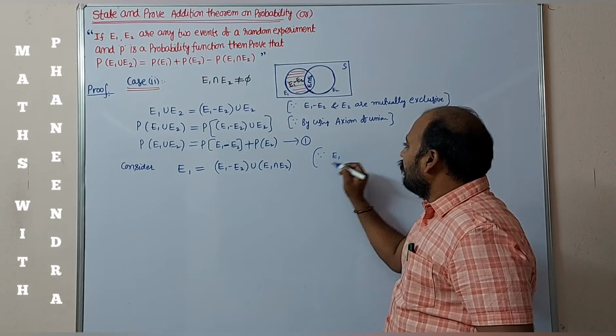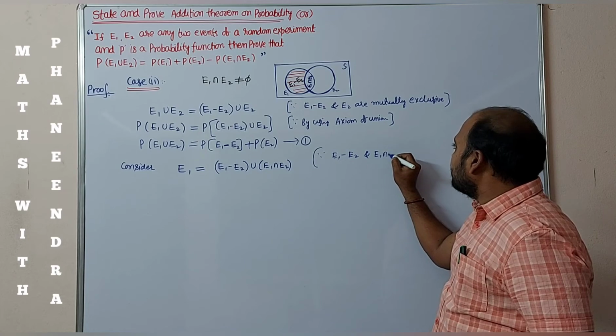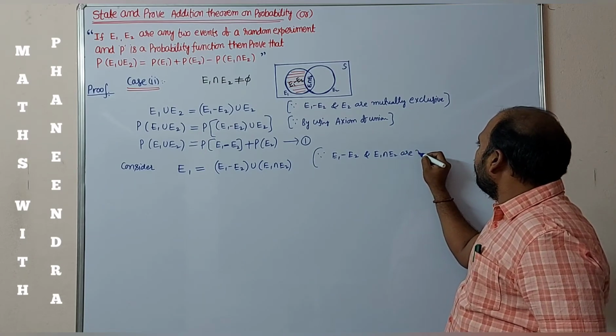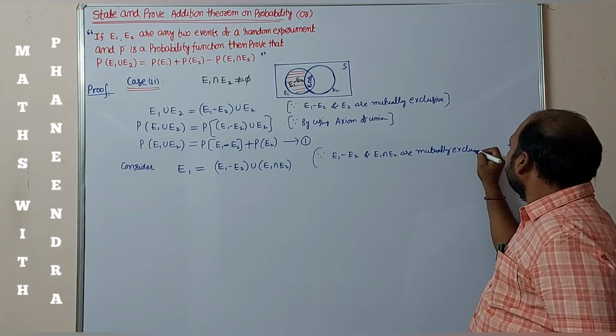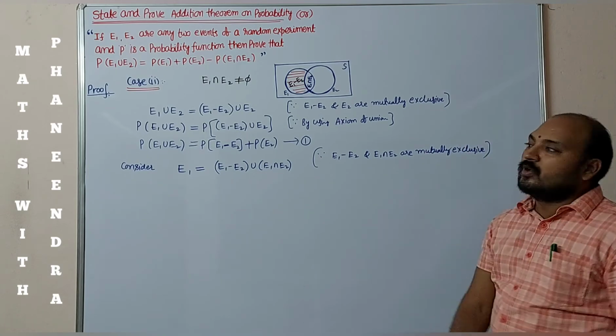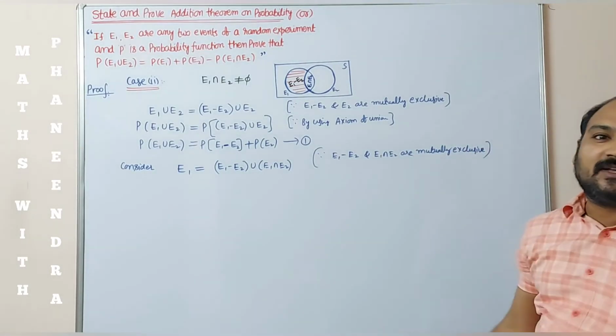Since both E1 minus E2 and E1 intersection E2 are mutually exclusive, their intersection is equal to pi, obviously.